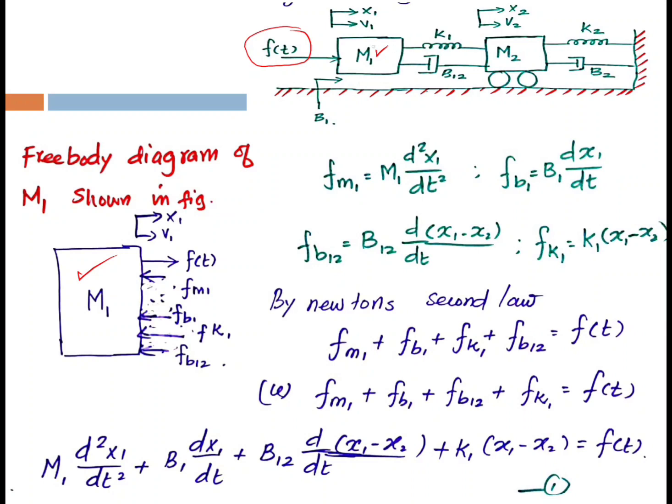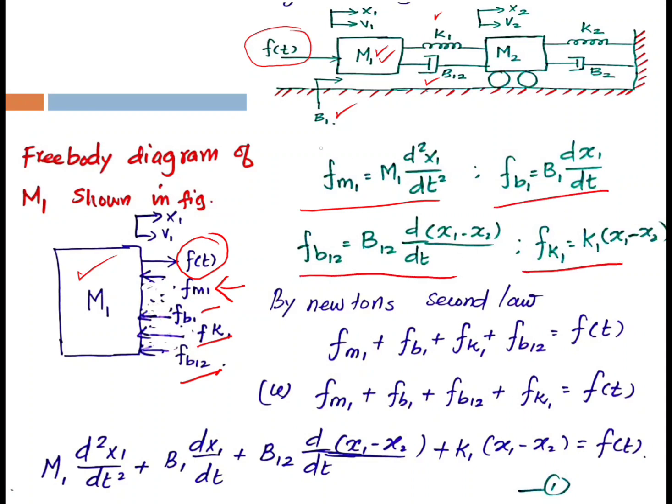Opposing forces are due to mass element 1, due to spring K1, dashpot B12 and the friction B1. So applied force F1, Fm1, Fb1, Fk1 and Fb12. Now the equations related to these opposing forces are given here.